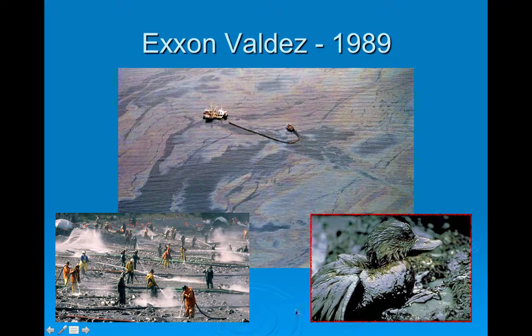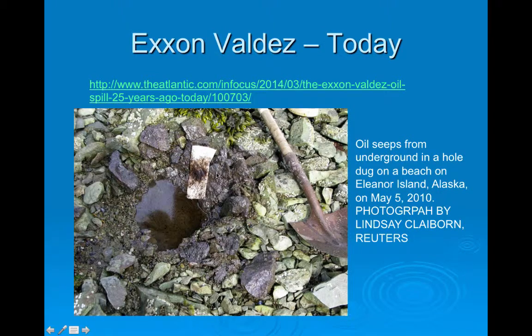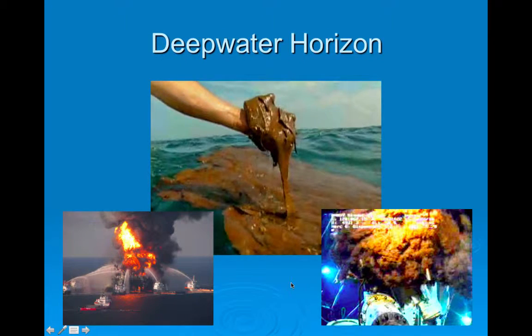All right, we've talked about the Exxon Valdez spill. Still a huge problem. This was 11 million gallons of oil. Well, we just recently had the Deepwater Horizon. I believe it was 2010, not too long ago.